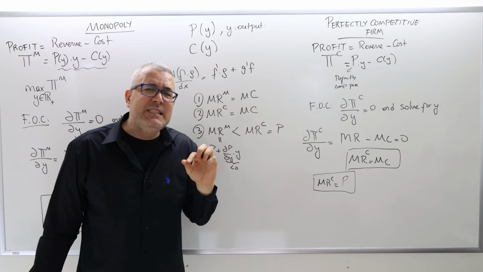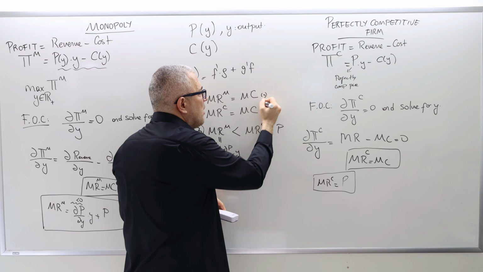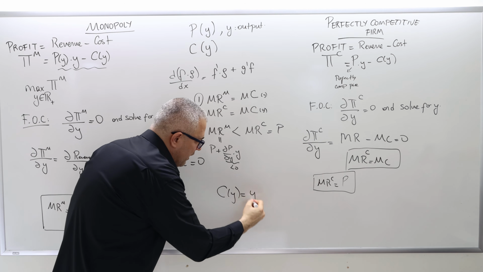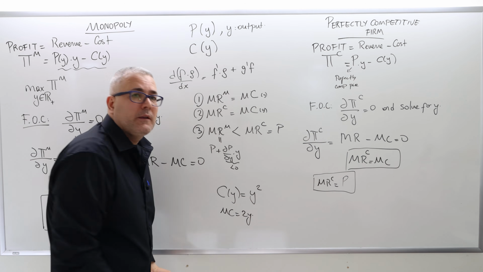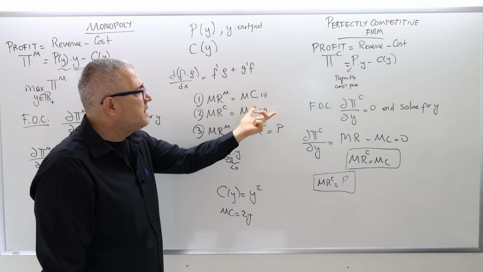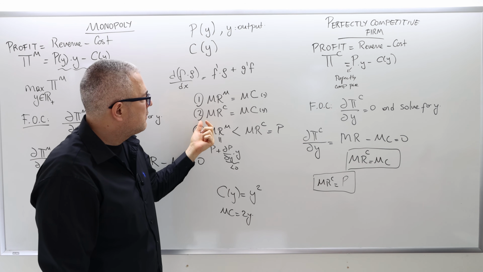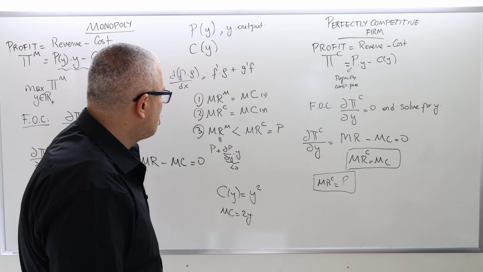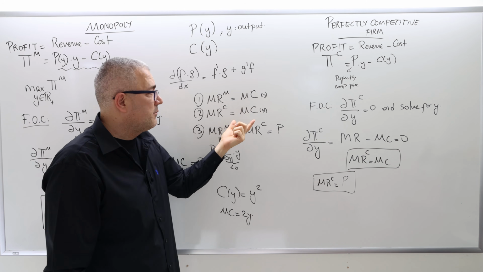But MC is not necessarily a constant number. MC is a function of Y also. For example, if your cost function is Y squared, the marginal cost is 2 times Y, and your marginal revenue is equal to 2 times Y. The marginal revenue of the competitive firm is also 2 times Y, yes.